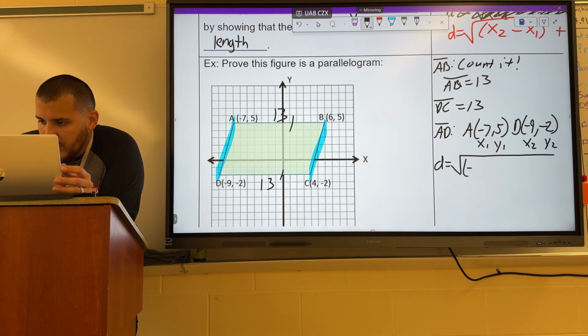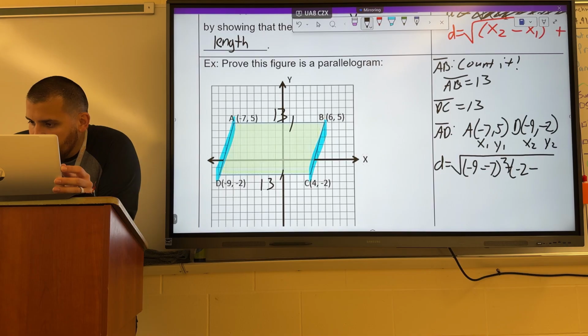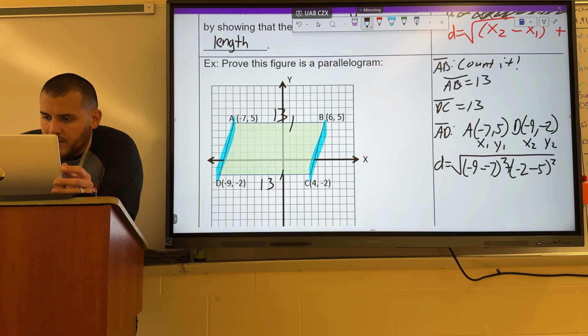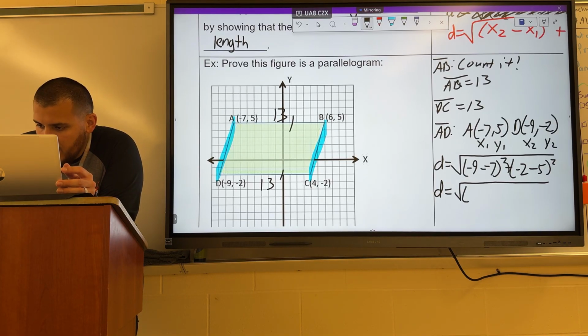So x2, -9, minus x1, -7 squared, plus y2, -2, minus y1, +5 squared. Order of operations from here, we got to do the parentheses stuff first. So -9 minus -7 gives me -2. -2 minus 5 gives me -7.